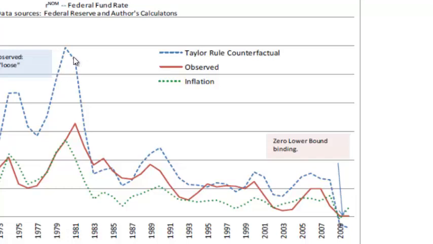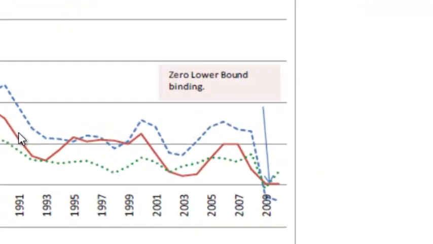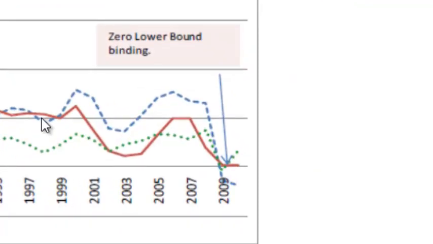So we can conclude that inflation was high during this period because monetary policy was loose. We can find other periods when monetary policy was loose, when the blue dashed line is above the red solid line, but we can also find some periods when monetary policy was tight, including during the recent financial crisis.